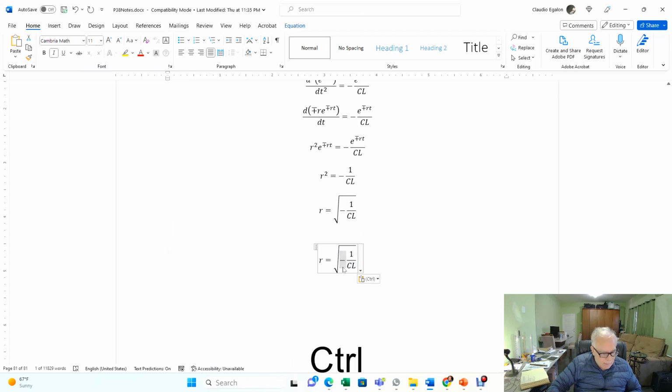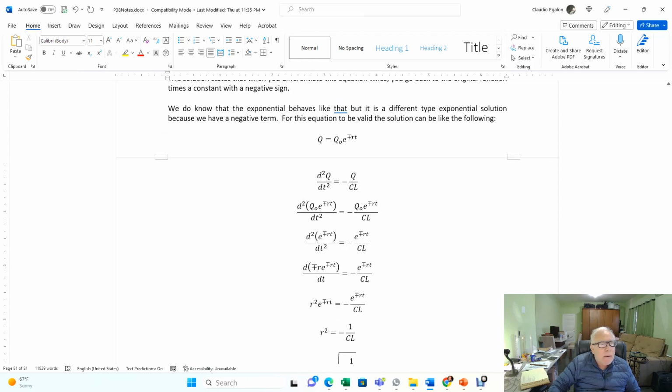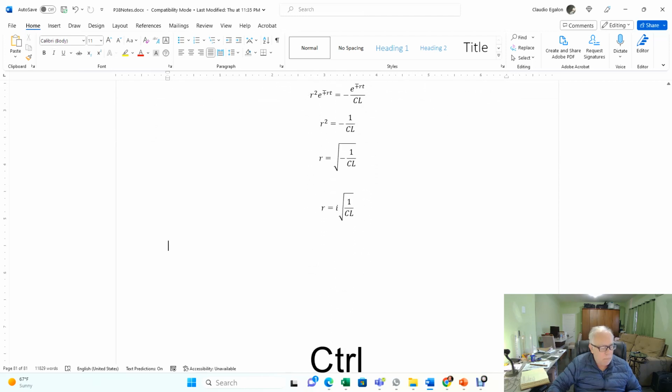And the square root of a negative number is just the imaginary constant I. Let's take a look here. It's going to be something like that. We still use the plus and minus sign.